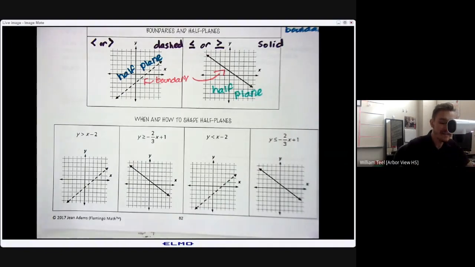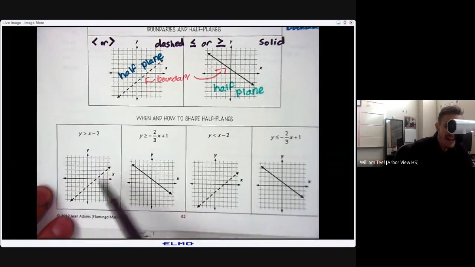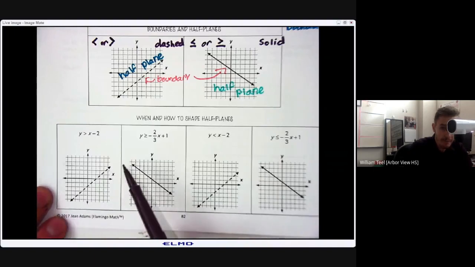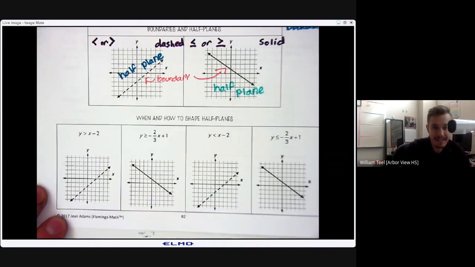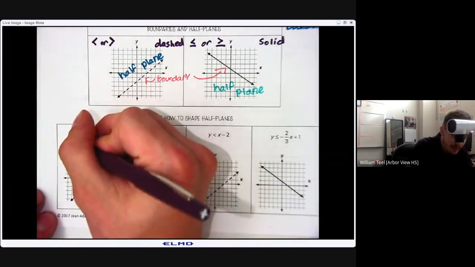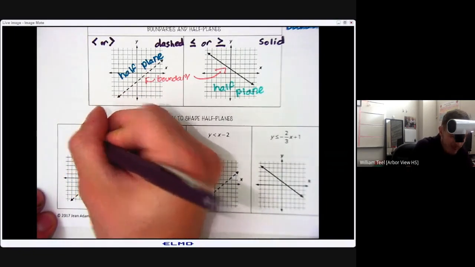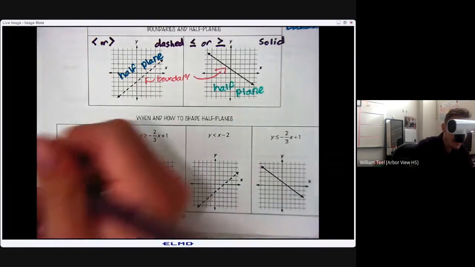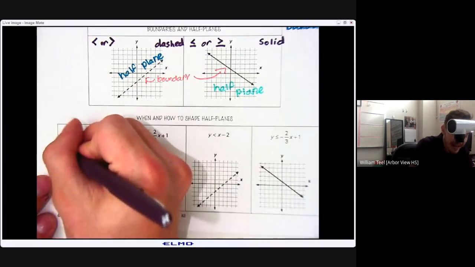We have y is greater than x minus 2. As you can see, the boundary is already drawn for us. So the first thing we're always going to do is draw the boundary. In this case, it's already done for us. The second thing we want to do is determine if our line is going to be dashed or solid. In this case, we just have the inequality. We don't have a line underneath it. So that means that we are going to use a dashed line.